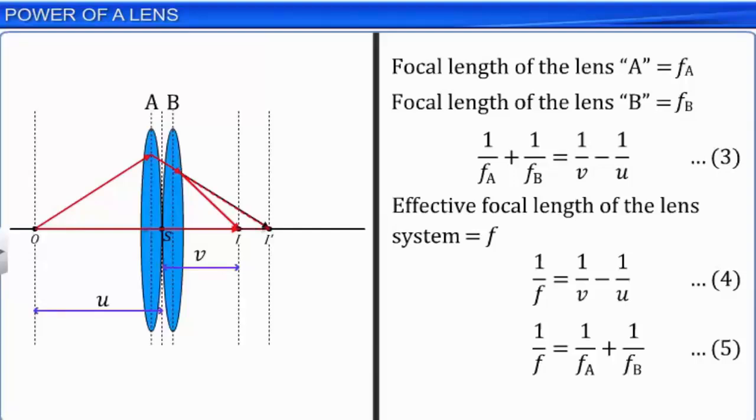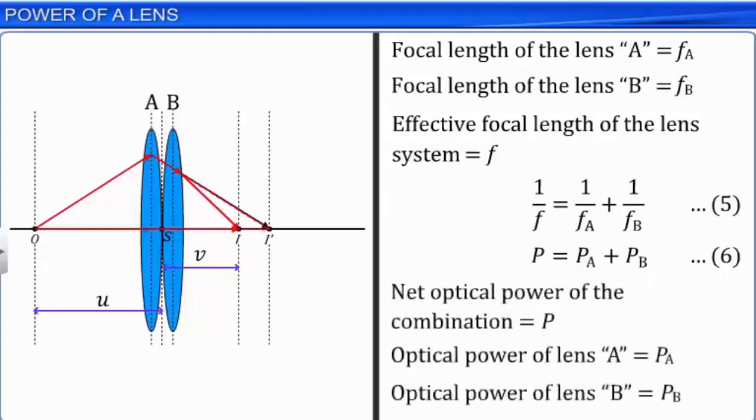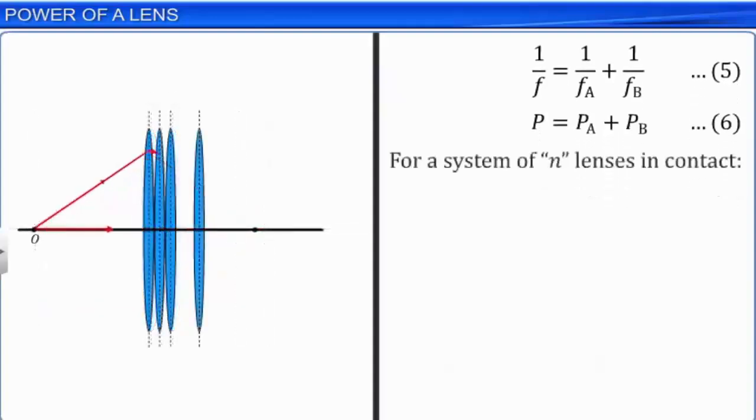For a system of n lenses in contact, we can write equations 5 and 6 as 1 by F is equal to 1 by F1 plus 1 by F2 plus so on up to plus 1 by Fn, and P is equal to P1 plus P2 plus so on up to plus Pn. In case of a system of lenses, the image formed by one lens is the object for the next lens.